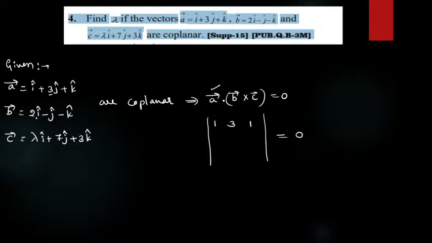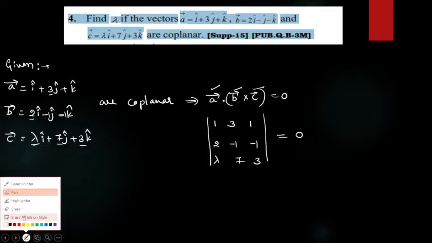Next, the second vector: 2, minus 1, minus 1. Next, lambda, 7, 3 in the third row for the C vector components. Okay, now you resolve this by changing the signs.